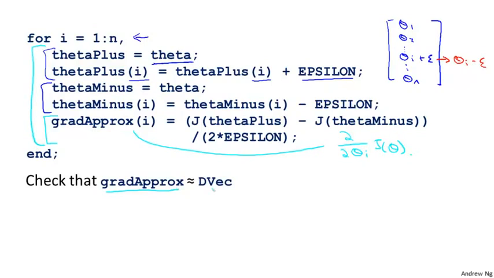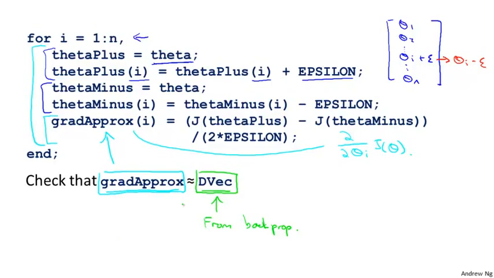And we can then take the gradient that we got from backprop. So dvec was the derivatives we got from backprop. Backpropagation was a relatively efficient way to compute the partial derivatives of our cost function with respect to all of our parameters. And what I usually do is then take my numerically computed derivative, that is this grad approx that we just had from up here, and make sure that it is approximately equal, up to small values of numerical roundoff, to the dvec that I got from backprop.